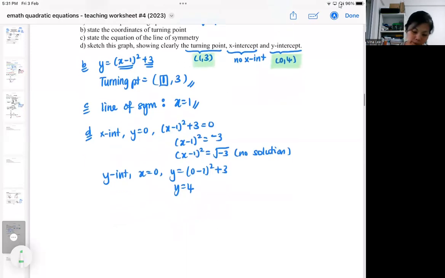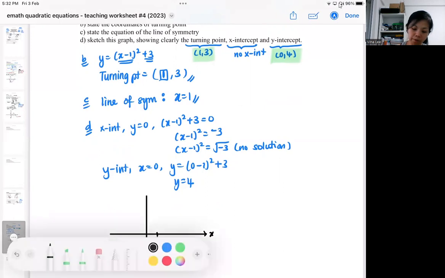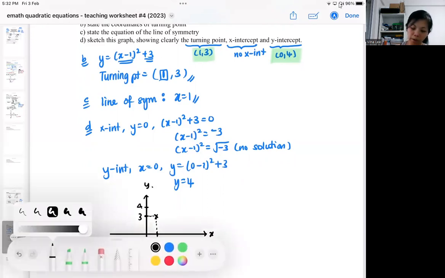Now I have the 3 sets of information. But out of these, it seems like only this. How am I supposed to draw with this? Well, you can still draw, bearing in mind that it is a smile graph. That will be the turning point, and the turning point is meant for you to join into a smile graph.